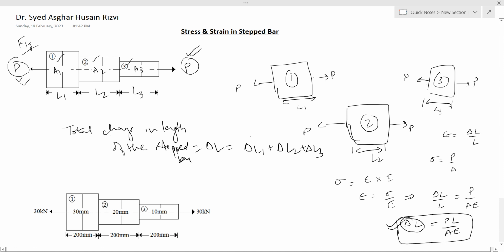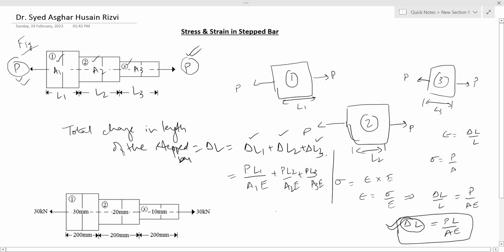It will be the summation of change in length of section 1, change in length of section 2 and change in length of section 3, equals P L1 upon A1 E. Since the length of each section is different, the area is also different, and the material of the bar is the same, so E will remain the same for all the sections, plus P L2 upon A2 E plus P L3 upon A3 E.